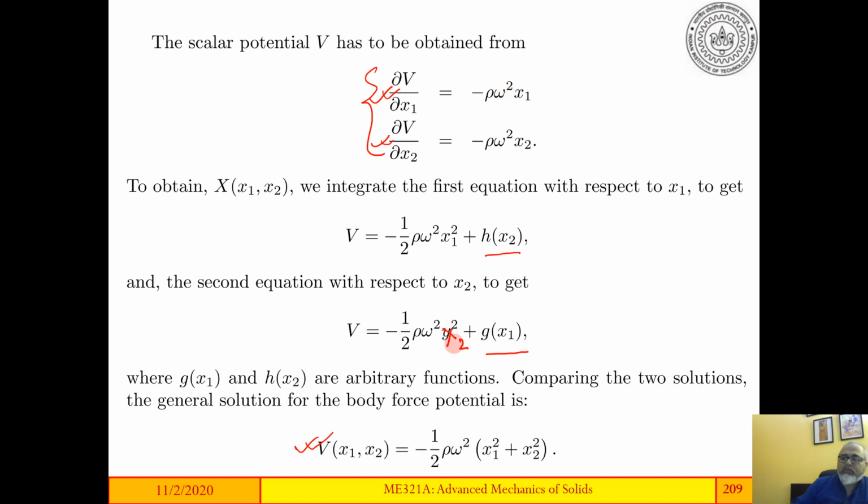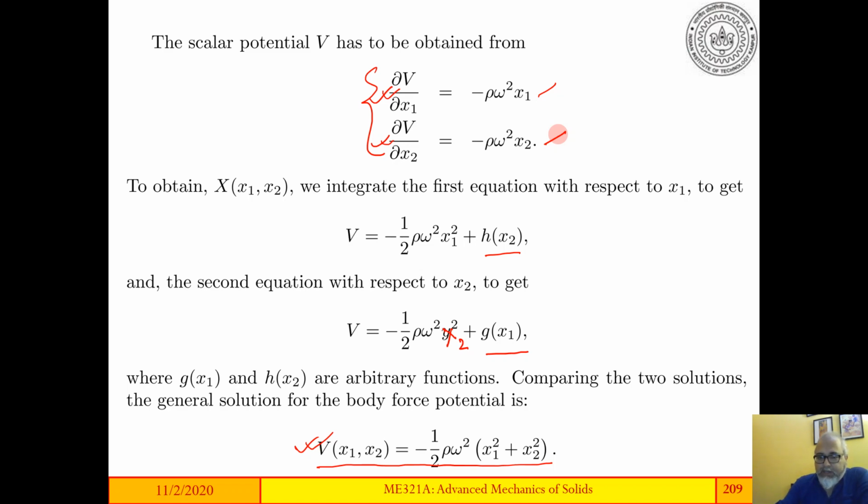The constants don't matter because V does not enter your equations. Del square V does. So the constants and linear terms don't matter. So this is a minimal approximation for the potential, which will give you these body force components.